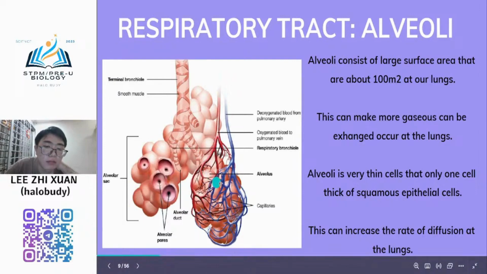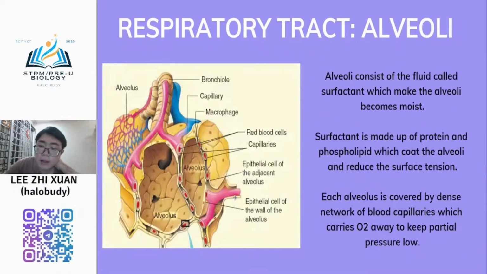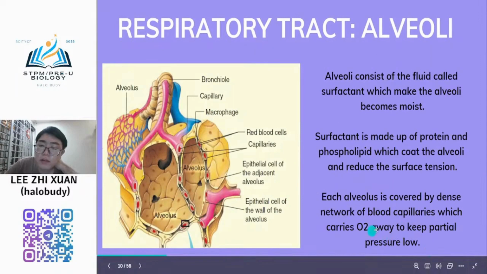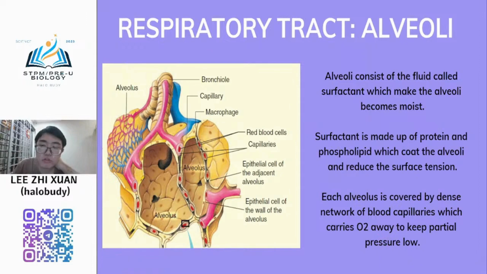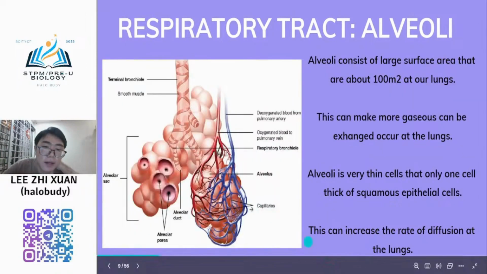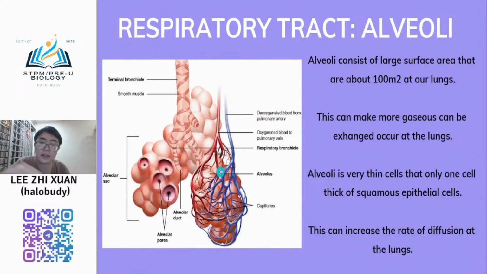The red one is the arterioles and the blue one is the venules. Why does it need to do this? It wants to keep the partial pressure low, because the alveolus is where gas exchange happens, right? Later, when we go to the transport of oxygen and carbon dioxide, you will know. You need to make sure that the partial pressure of oxygen here is low, so that they can make a gas exchange.